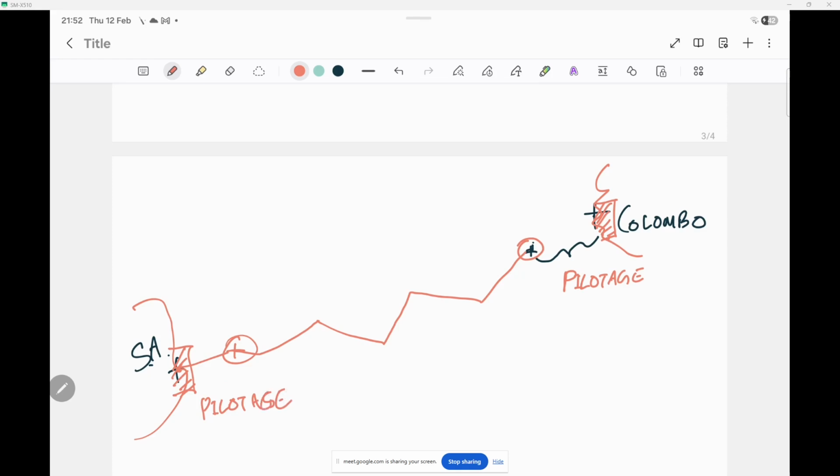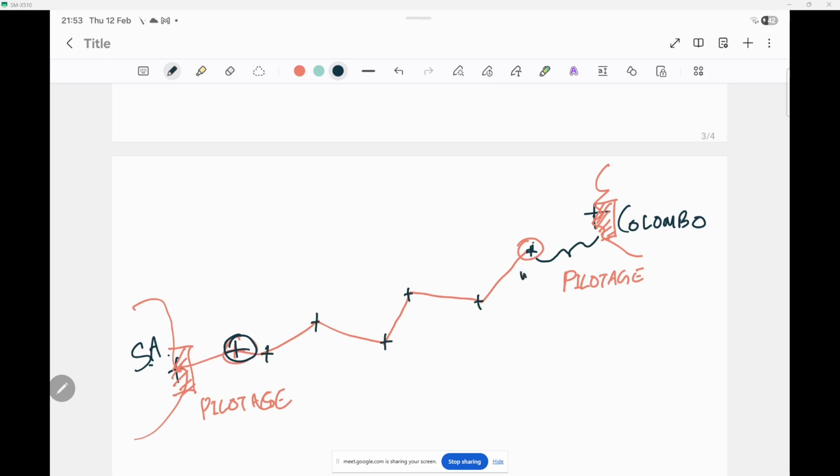Okay. Now my question is, guys, your passage plan and your course card, from what point to what point are you going to create? Can somebody answer? You have waypoints, 20 waypoints.